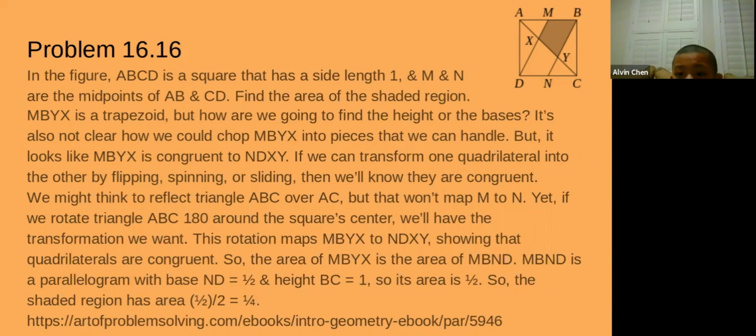If you connect MN, then because the height is the same as the square and its base is 1/2 of the square side length, the area of MBND is 1/2 of the area of ABCD. ABCD's area is 1 square, which is 1. So the area of MBND is 1/2. So the area of MBYX is 1/4.